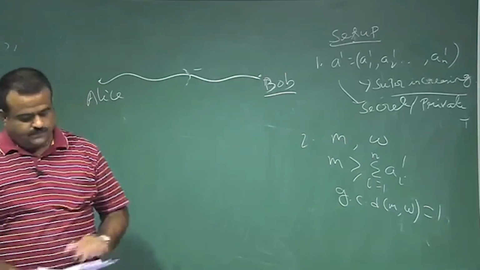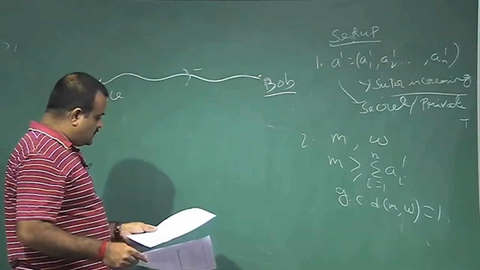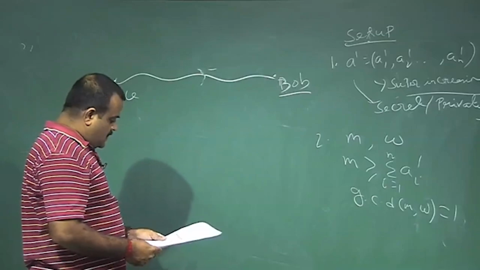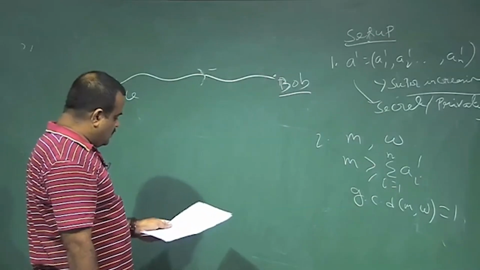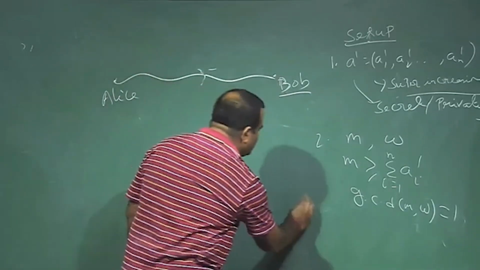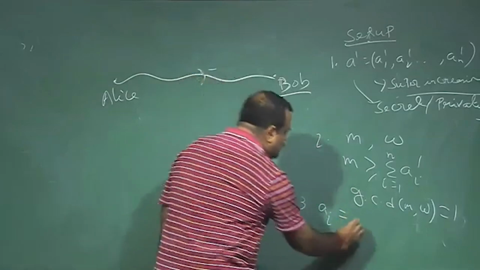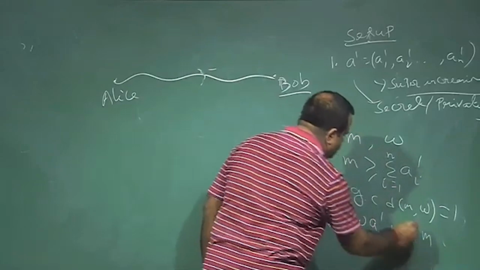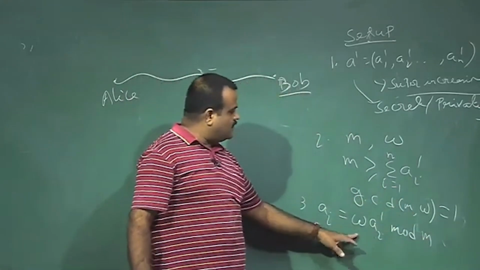Okay. So we choose M and W in this way, and then we create ai, which is basically W times ai prime mod M. By taking GCD of M and W as 1, we guarantee that W inverse exists.